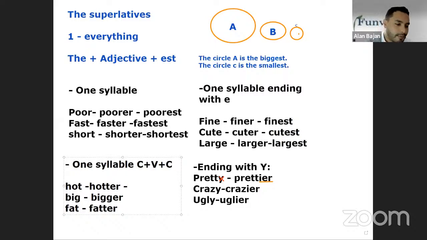One syllable, consonant, vowel, consonant. I duplicate the last letter. Hot, hotter, the hottest. Big, bigger, the biggest. Fat, fatter, the fattest.